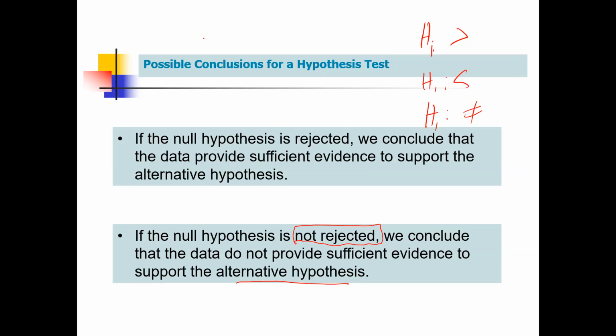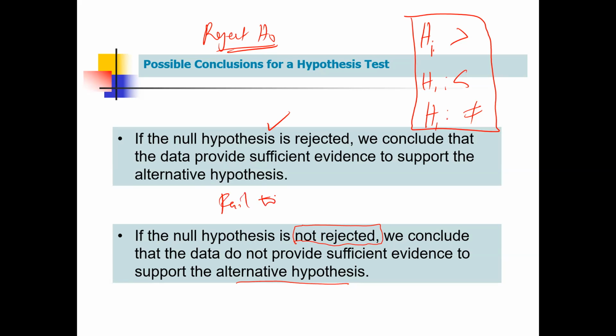So whenever you reject the null, you are saying there is enough evidence in the data to align your decision with one of these, right? That's what the first part is saying. And the second part is saying if you fail to reject the null, it means you don't have enough evidence to support any of the alternatives. That is why you're failing to reject it. Okay. So these are two ways to make conflicting statements. We're going to be taking examples, practicing on this.